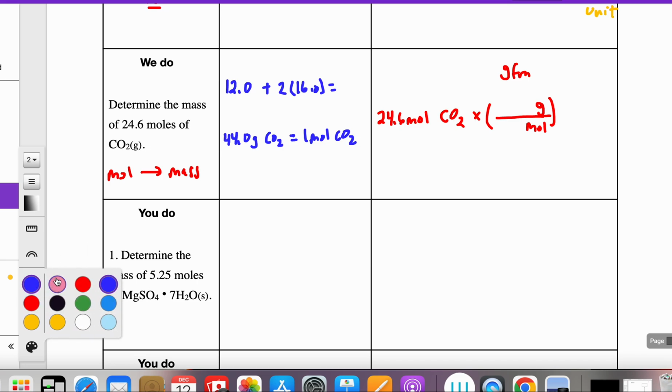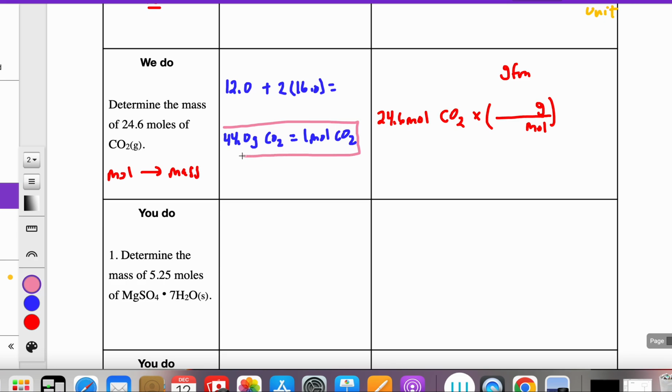So like before, this information is the relationship between the mass and moles of carbon dioxide, and this is what I use to put into the dimensional analysis problem. So it's 44.0 grams in every 1 mole of carbon dioxide.